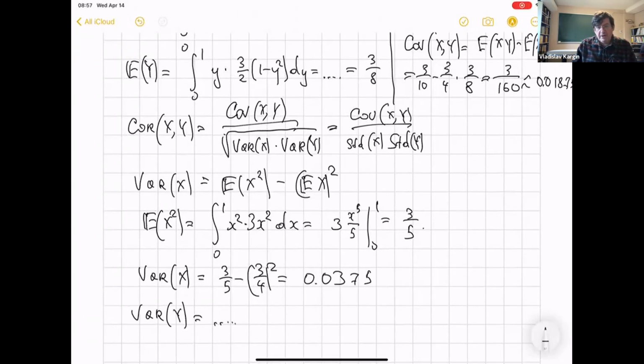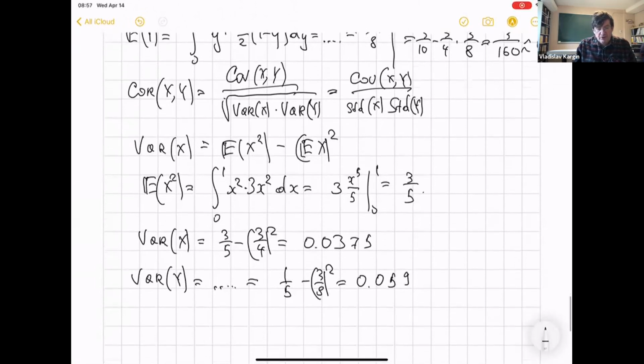And you can do about the same calculation for the variance of y, so let me skip doing this. It turns out that this is equal to 1/5, this would be the expectation of y squared, minus 3/8 squared, which would be equal to 0.059. Right? And from this you can calculate the correlation.